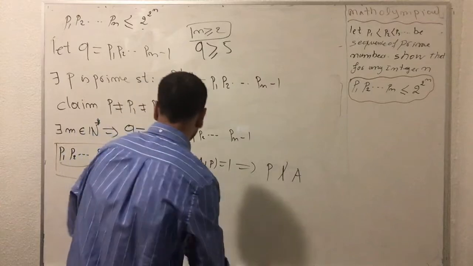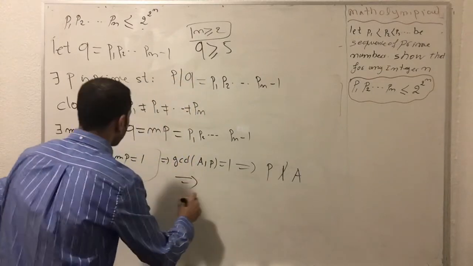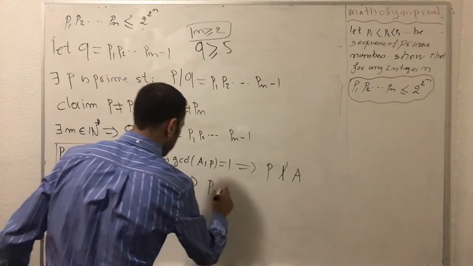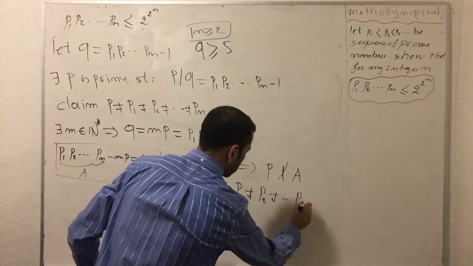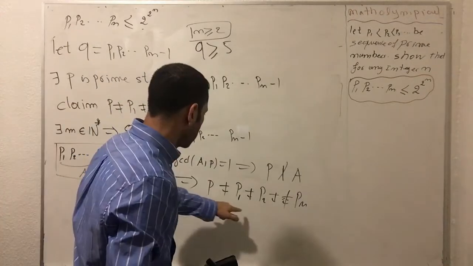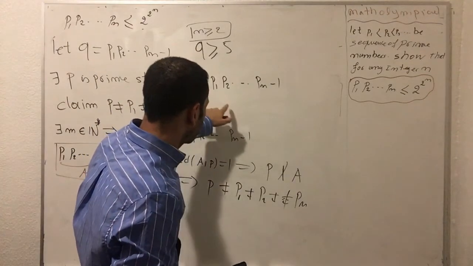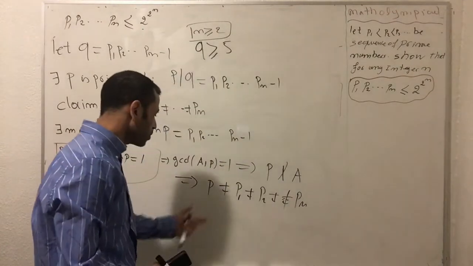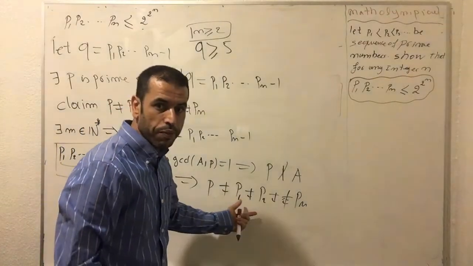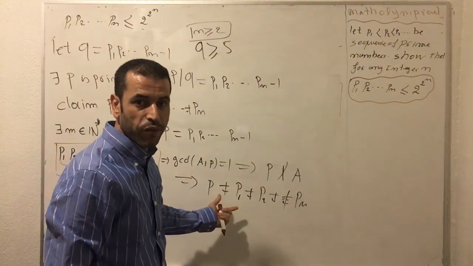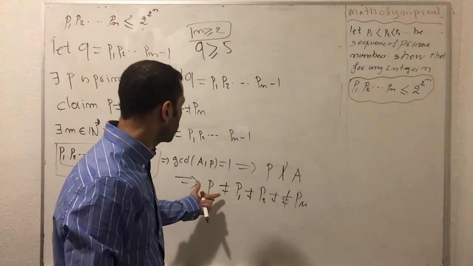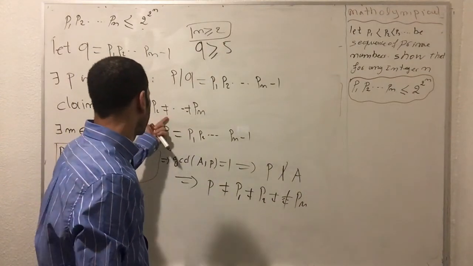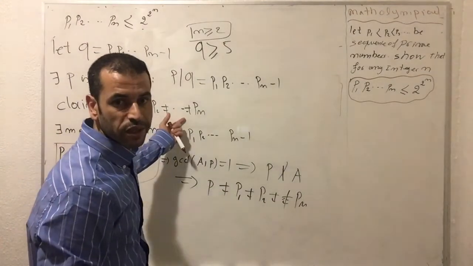So that means P is not a multiple of these numbers. Since we know P is not in the list of prime numbers as you see here, there is no multiple of this prime number among this list.